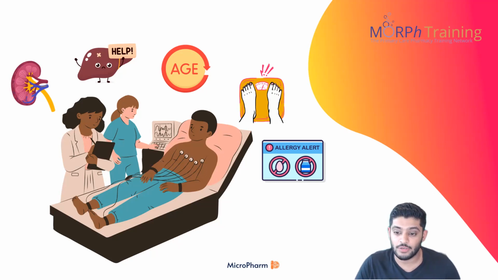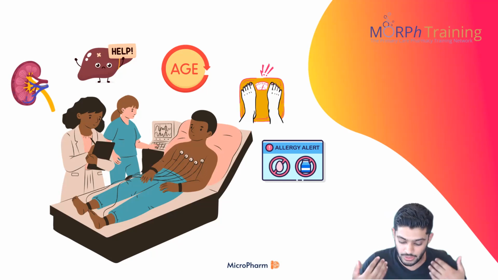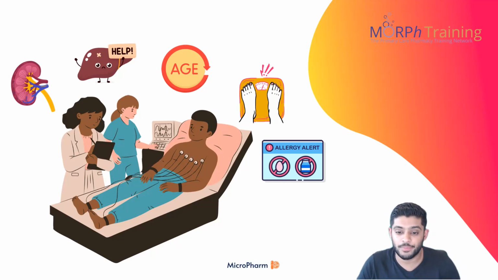So drugs that are renally cleared, absolutely. If you've got poor renal function, that inability to remove medications from your body via the kidneys means more of that medication can accumulate. More of the medication, increased risk of side effects. Liver function, if the liver function is impaired, sometimes medications are metabolized by the liver.